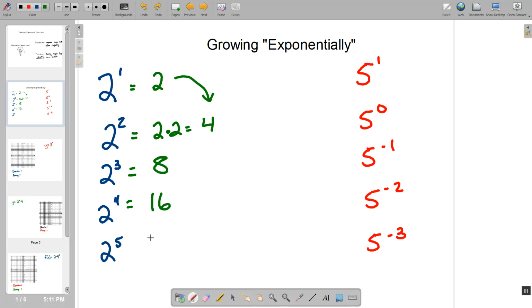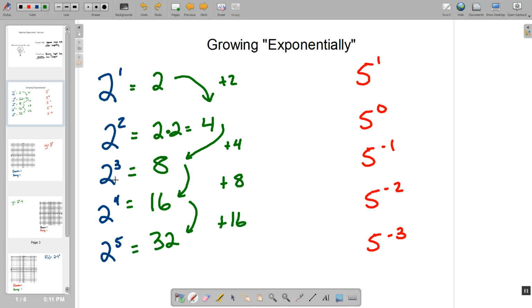This would be 16, and finally 32. So here we grew by a factor of 2. Here we added 4. We added 8. And we added 16.